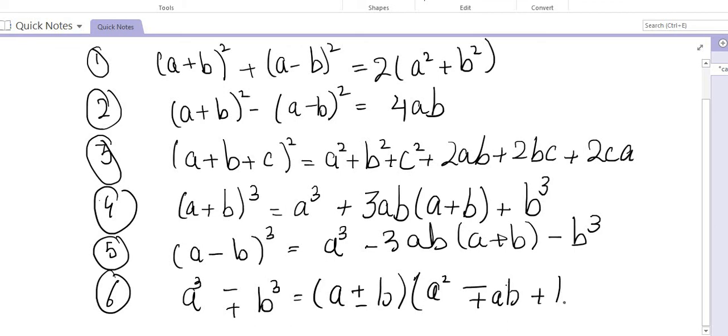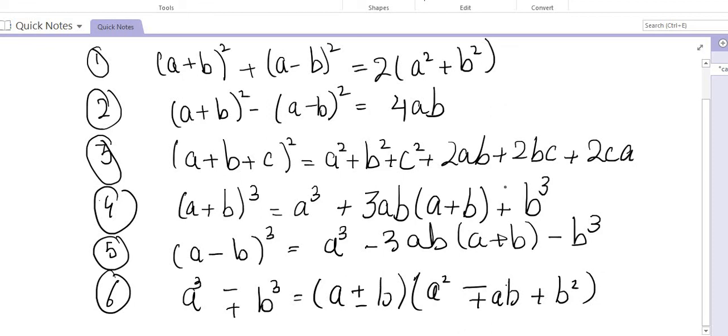That means if a cube minus b cube, then you are going to use a minus b, a square plus ab plus b square. And if a cube plus b cube, then it equals a plus b, a square minus ab plus b square. Okay, just memorize these formulas.